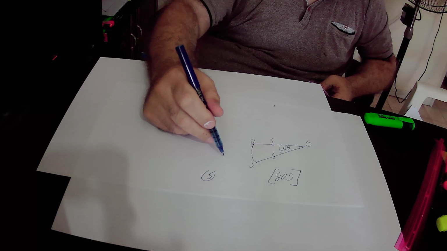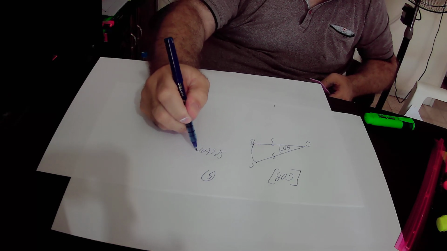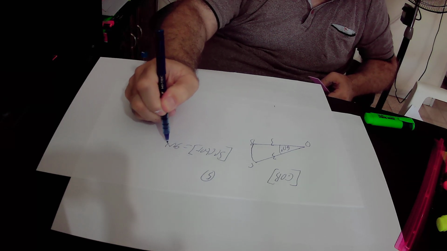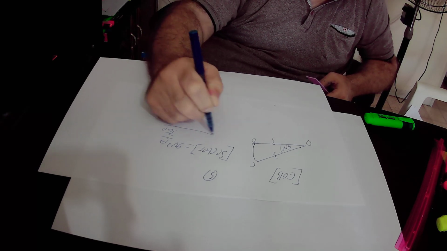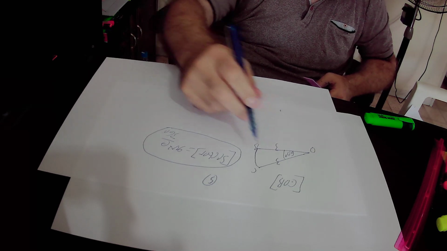We know that the area of any sector is equal to pi r squared times theta over 360 degrees. We use this formula in order to find the area of this sector COB.